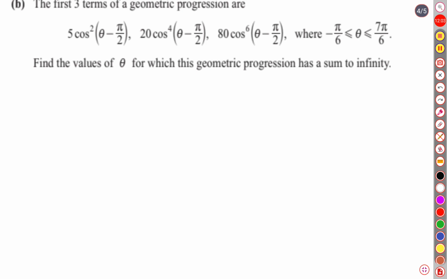Find the values of theta for which this geometric progression has a sum to infinity. This is the most complicated question of this paper. Okay, so let's start solving this stepwise.